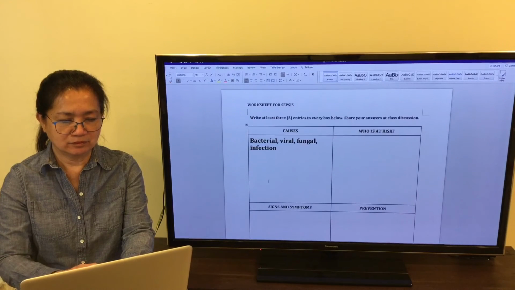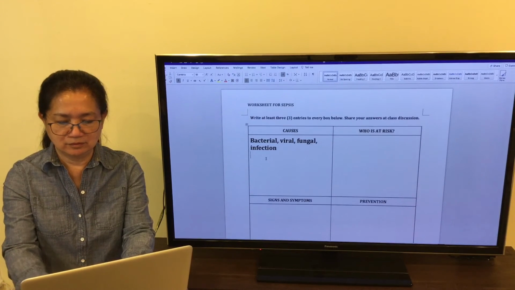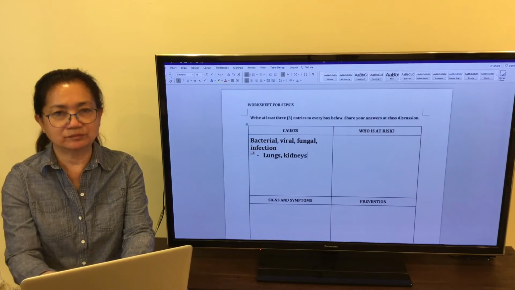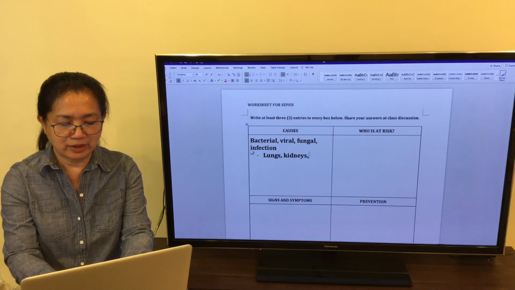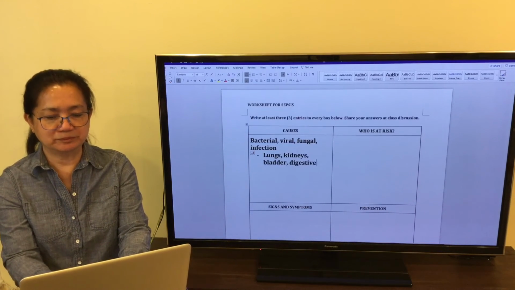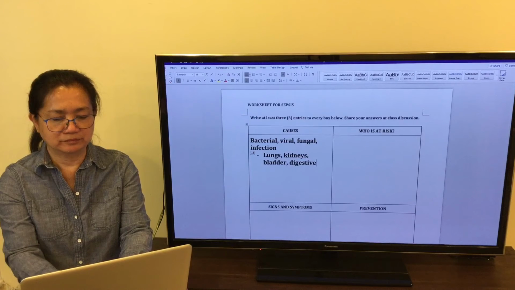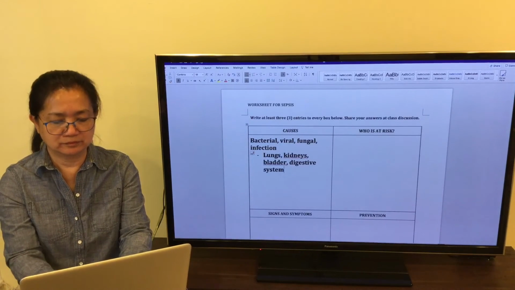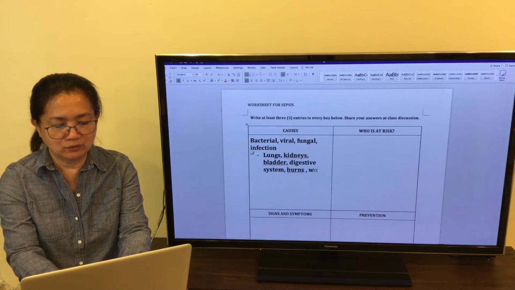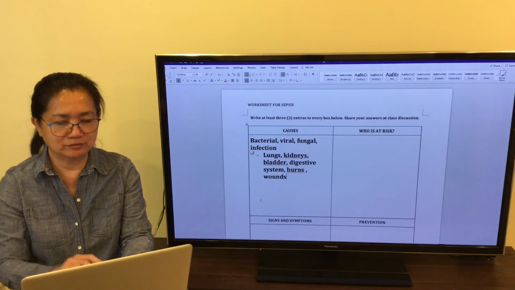In the lungs, the kidneys, the bladder, digestive system, burns, and wounds. Okay, very good.